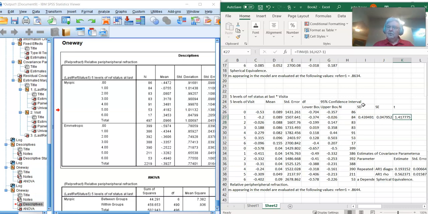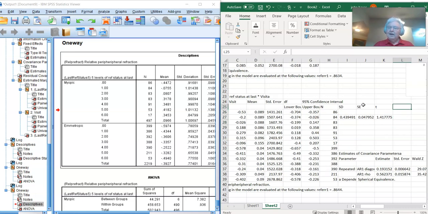We get 1.41, and then let's just call this our error. I mean, we do label these usually CI, but that's not the confidence interval itself. It gives us the confidence interval when we put it in our graph. That equals this times the standard error.